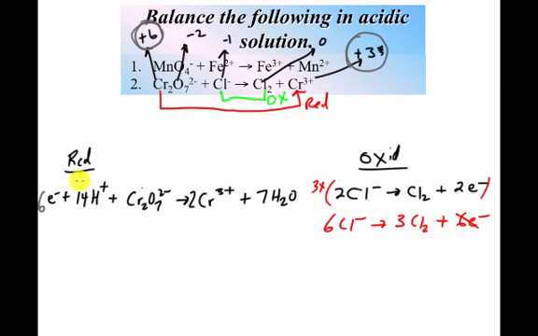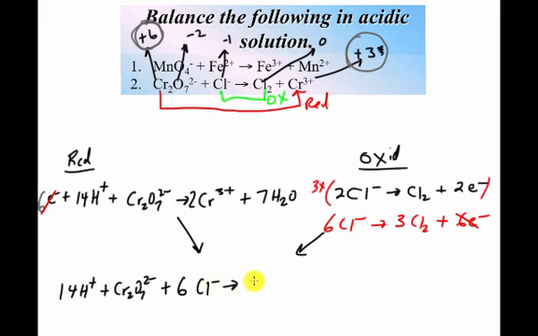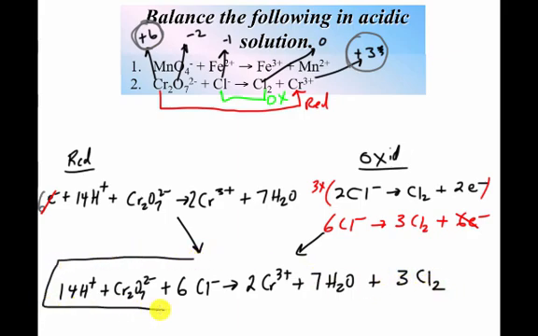The electrons are going to cancel, and therefore I can now bring these 2 equations together. Okay, bring them together and just sum up everything. So 14 hydrogen ions plus dichromate, plus 6 chloride ions produces 2 chromium 3+ ions and 7 waters, and finally 3 chlorine molecules. And there is my balanced equation.